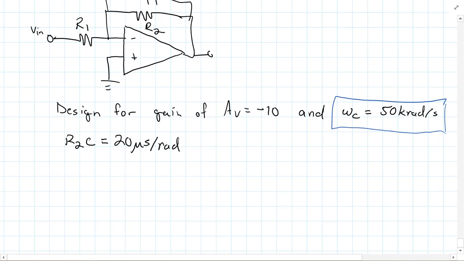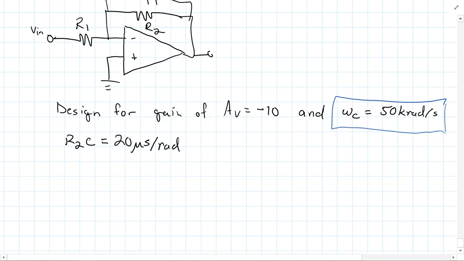And at this point, it's really kind of easy again to think of some reasonable numbers to pick. The real easy route might be to pick R2 being 1K, but remember, we have R2 over R1 as my gain, so I might make R1 a little small then.